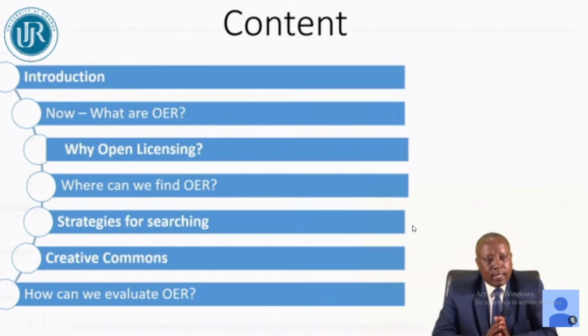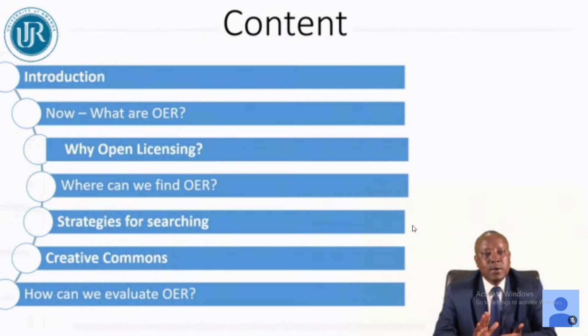Now, the documents I'm talking about here are different. You remember when we talked about plagiarism, we talked about text, videos, images, and music. All of them are documents that can be accessed somewhere.